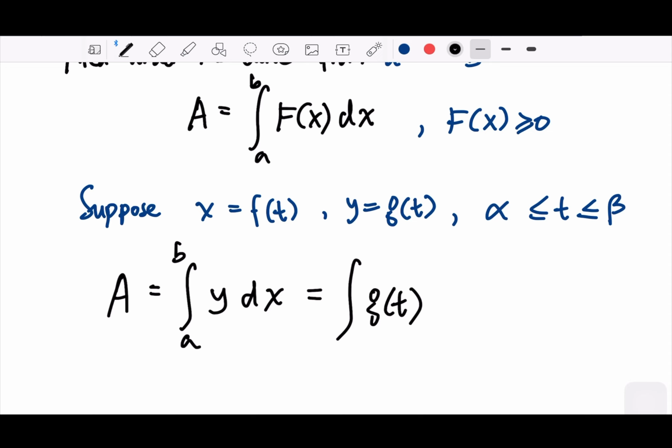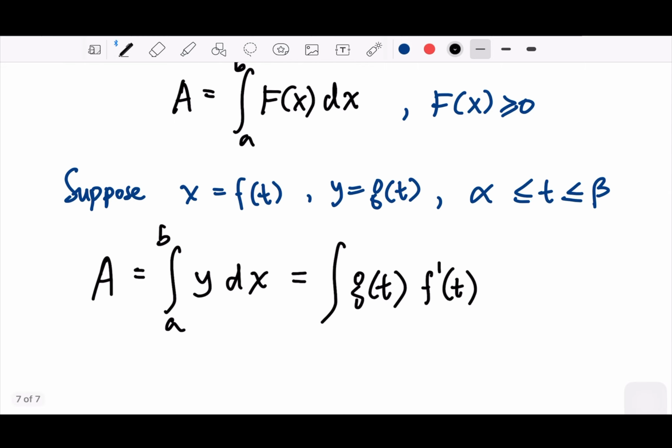And dx, we can change with the dx from here. We use the chain rule. We differentiate x, and we get f prime of t, which means the derivative of the function f, times dt.